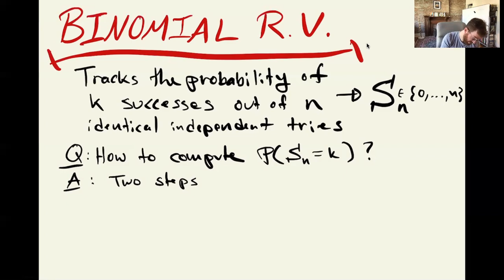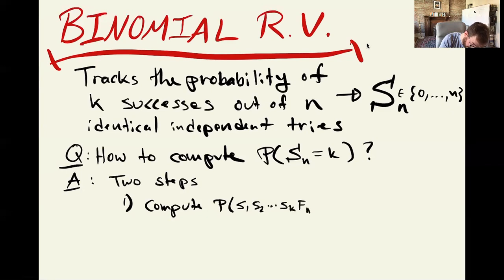So in the first step, we can compute the probability of, let's say, succeeding k times in a row, and then our last n minus k attempts are all failures. So compute the probability of a success, all the way up through our kth success.